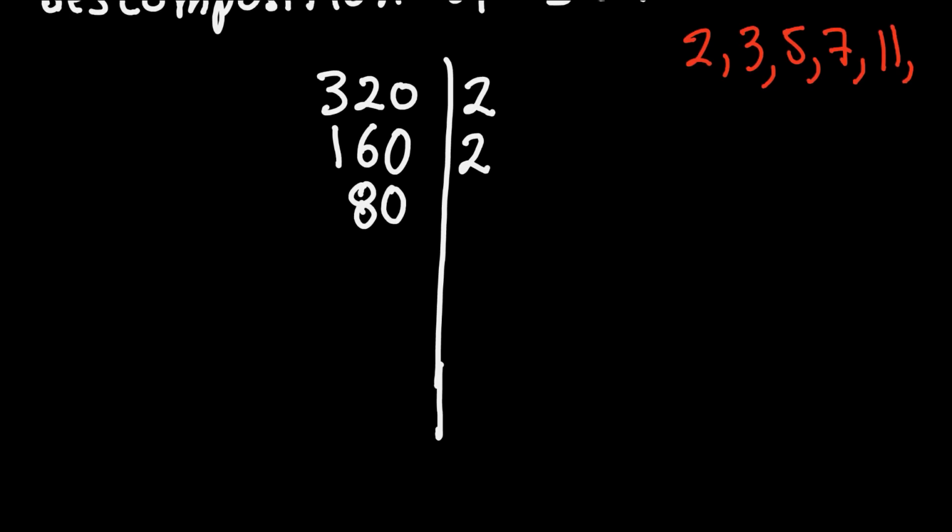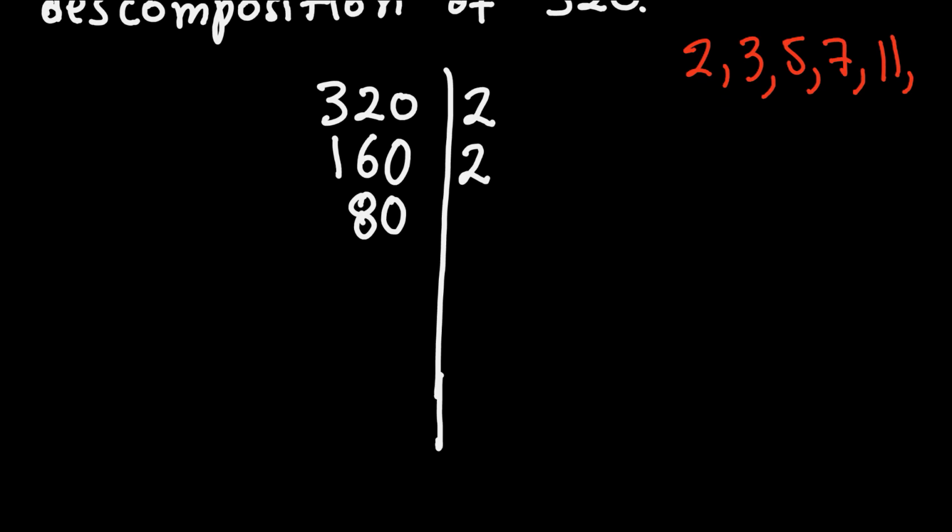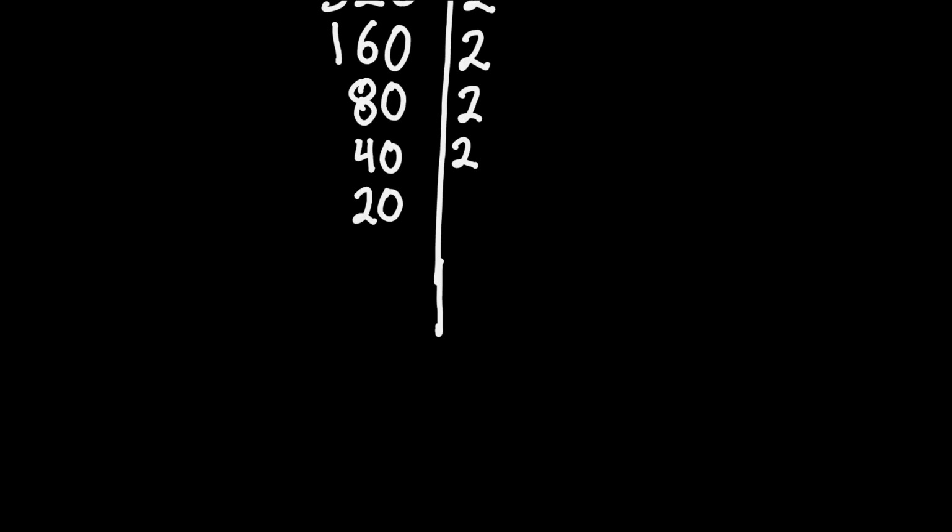If 2 also goes evenly into 80, you do it again. So 2 goes into 80 40 times. We do it again. 2 goes into 40 20 times. And 2 goes into 20 10 times. You can do it one more time. 2 goes into 10 5 times.